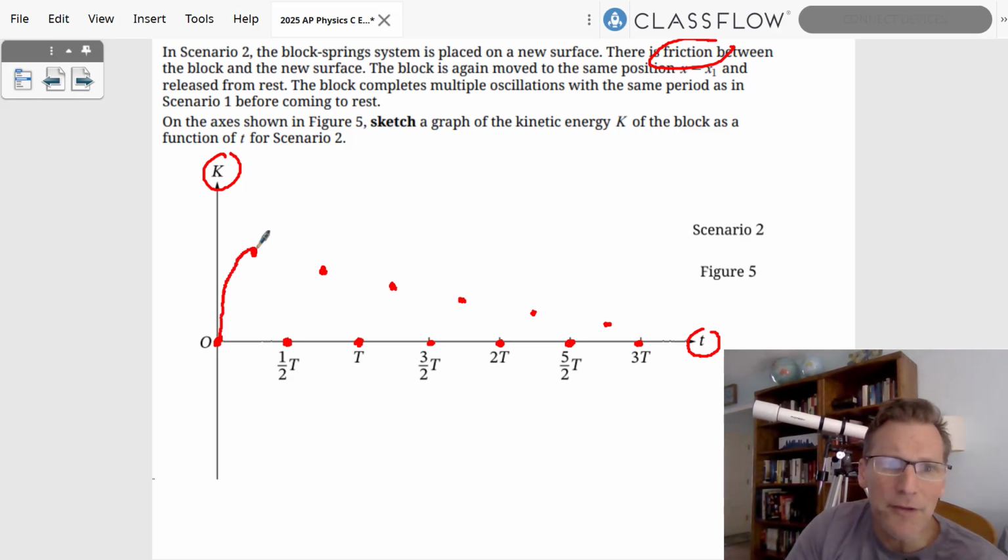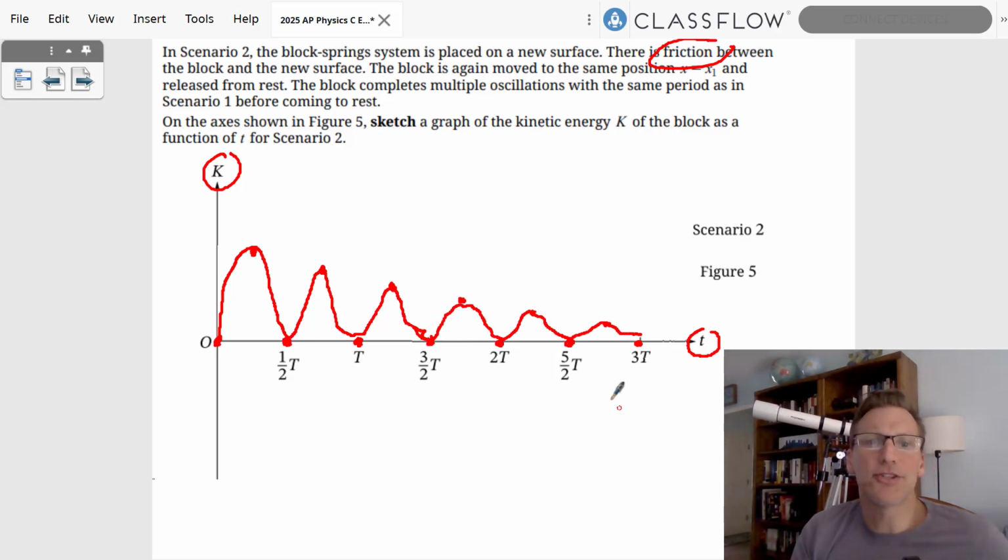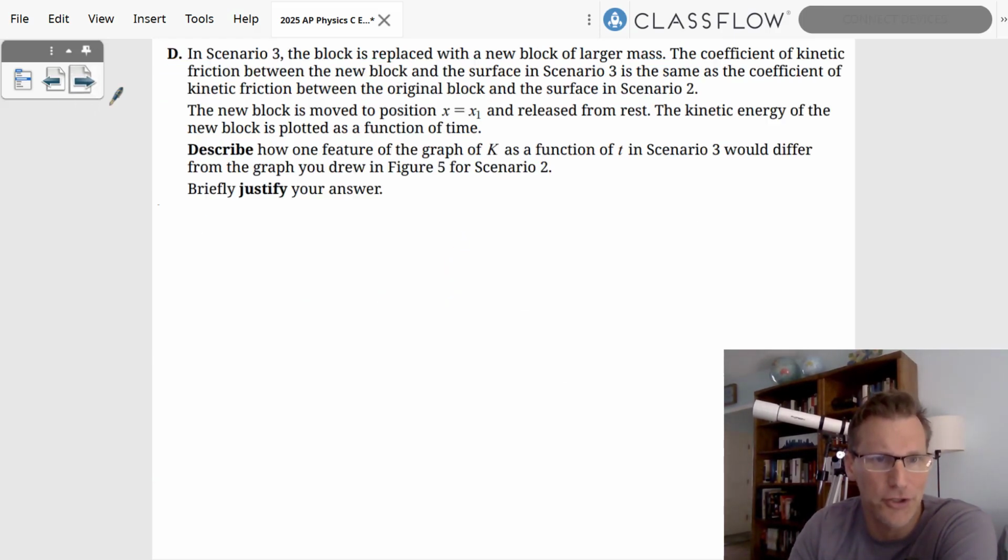And so my graph is going to come up, down, up, down, up. It's easier to do this on paper. And you can see it's kind of looking like this oscillation graph that continues to decrease according to the non-conservative force of friction. Then it says in scenario 3, the block is replaced with a larger block mass.